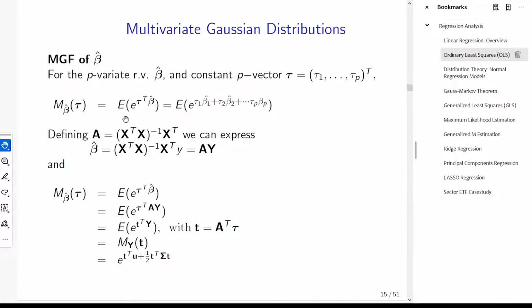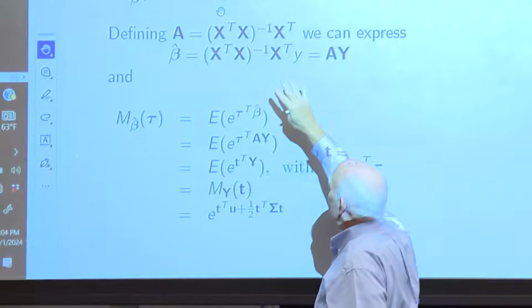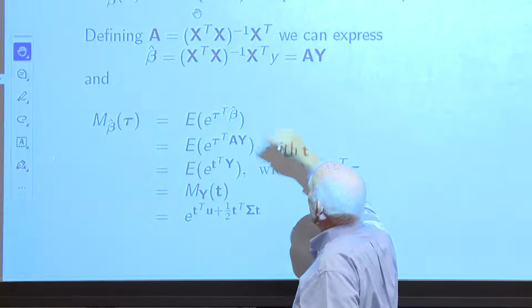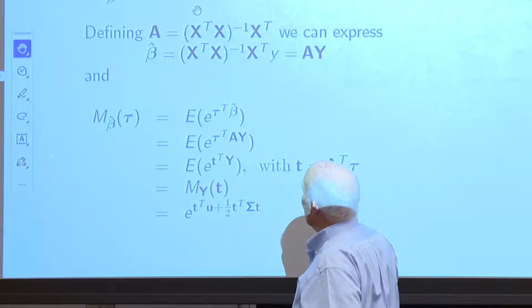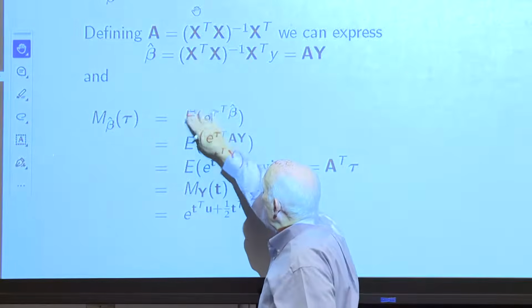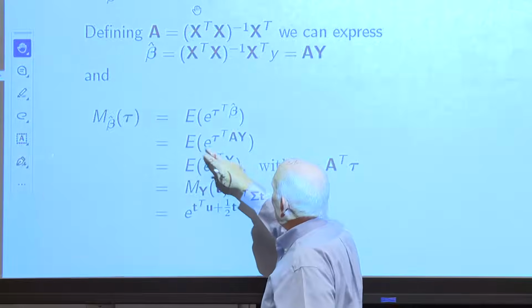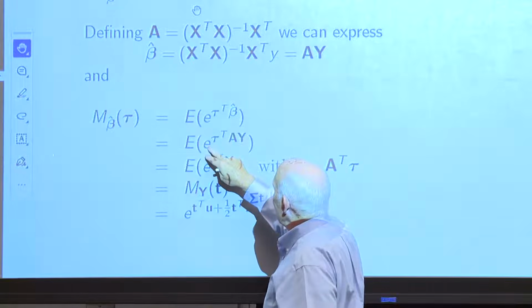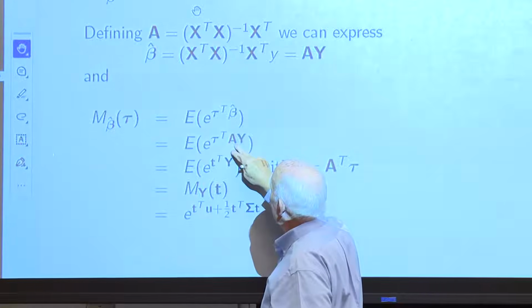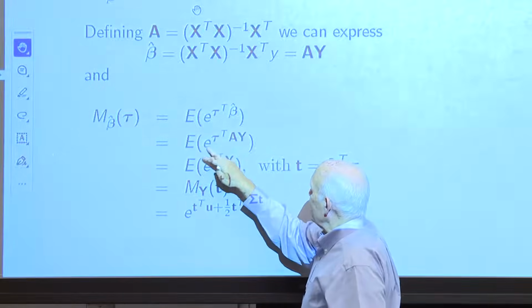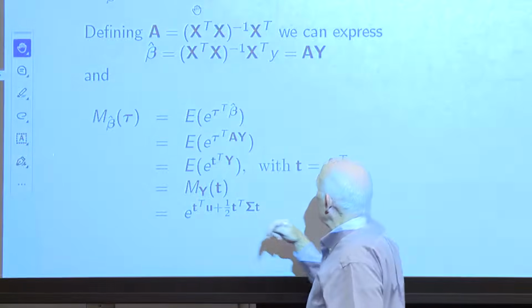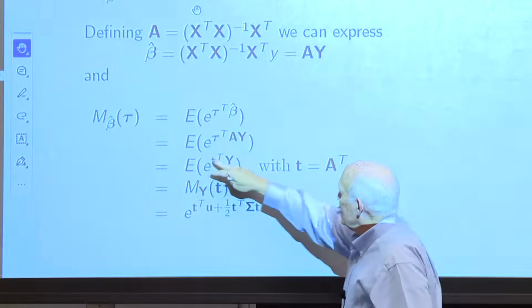And if we define the matrix A to be basically the pre-multiple factor of y that gives us beta hat, then our moment generating function for beta hat can be written as this expression, just plugging in A y for beta hat. But then we can express tau transpose A equal to t transpose.